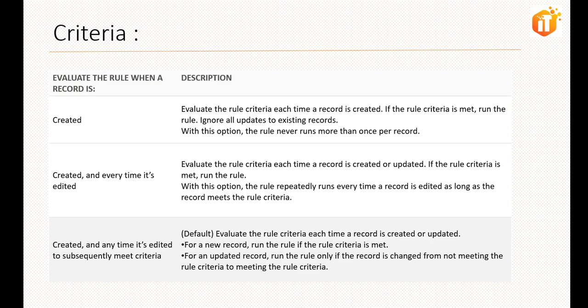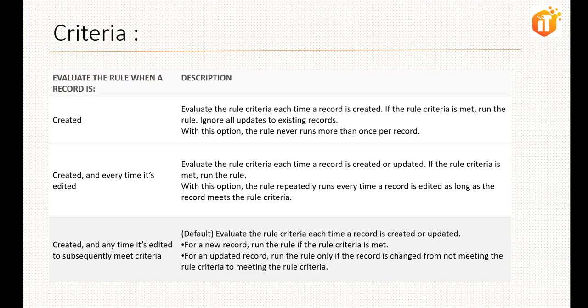I'll read through the created part. Evaluate the rule criteria each time a record is created. If the rule criteria is met, run the rule. Ignore all updates to existing records. If I have a contact called Ben, and I have created it prior, and if I've selected the workflow criteria on created, when I am going to update it, will the workflow fire?